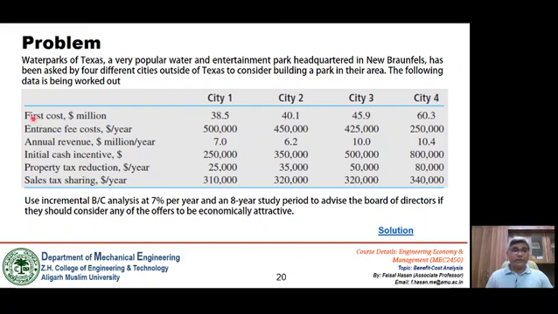If we carefully see, the first two are the expenditures, which contribute to C. The rest, that is the revenue, initial cash incentive, reduction in tax, and sales tax sharing, are all kinds of benefits. So the rest of the four lines are taken into consideration when computing the benefits, and the first two are important for evaluating the cost.